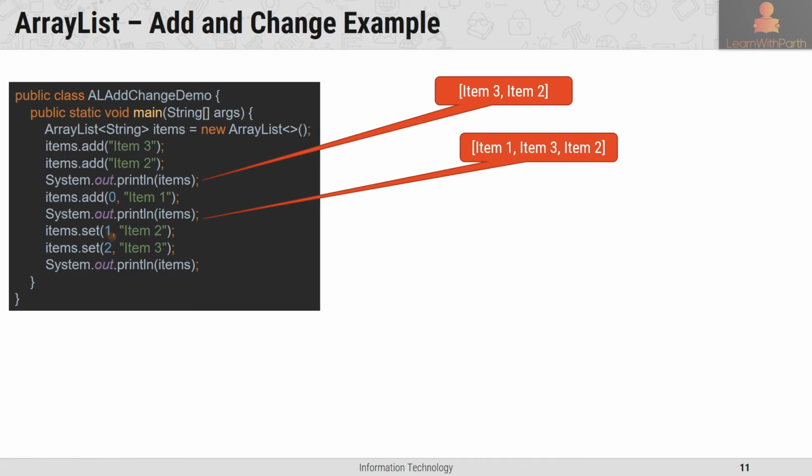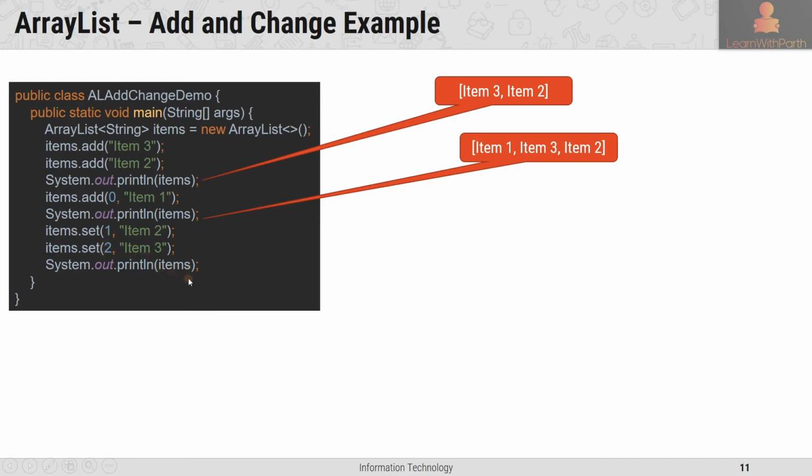It changes the item at that particular index. Guys, you should keep this in mind, the difference between add and set: add inserts the element, whereas set replaces the element. So whatever item is at index 1 would be replaced by item 2, and whatever item is at index 2 would be replaced by item 3.